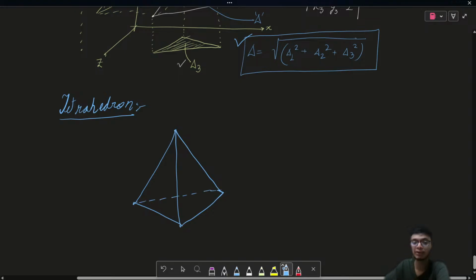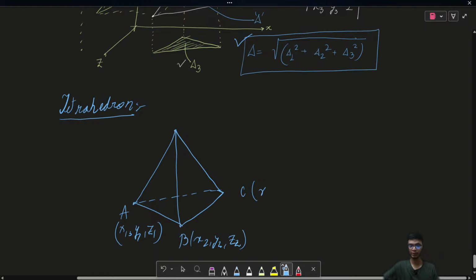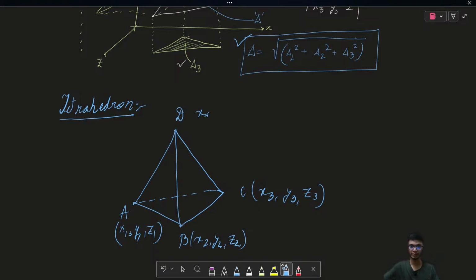So if I need to find the volume of the tetrahedron such that the point A is given by x1, y1, z1, the point B is given as x2, y2 and z2, the point C is given as x3, y3 and z3, and also the point D is given as x4, y4 and z4.